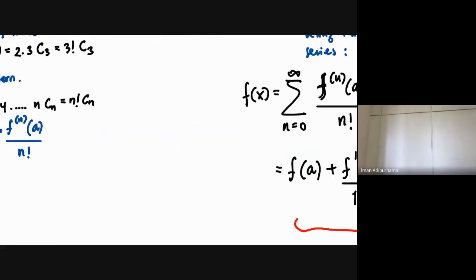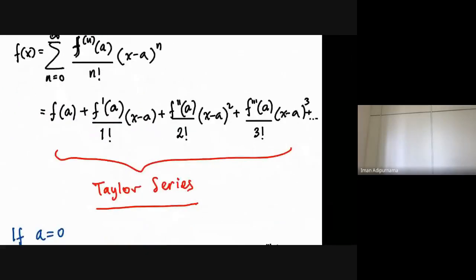From here we can relate the coefficients with the pattern of the functions with some n, meaning we can derive these functions into n terms, defined by n factorial, and it becomes a pattern in the Taylor series. So that's how we get the series here.